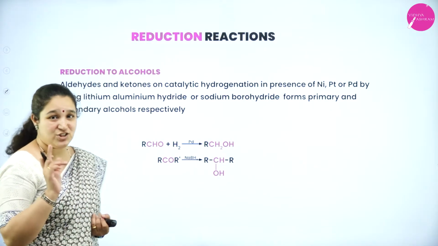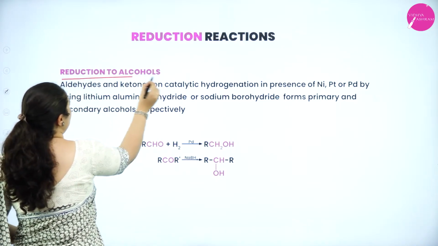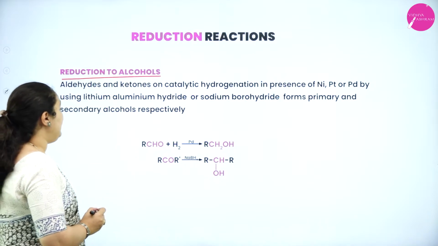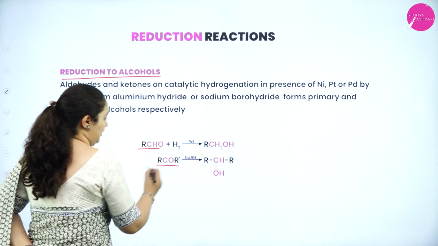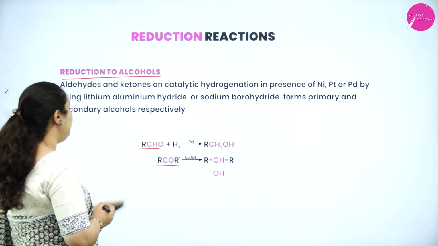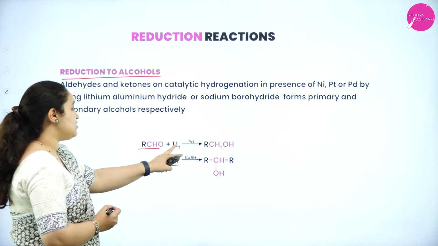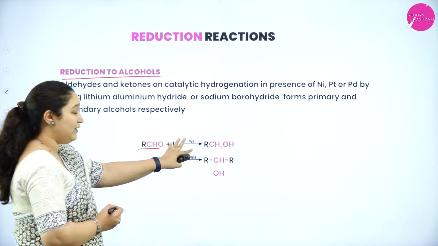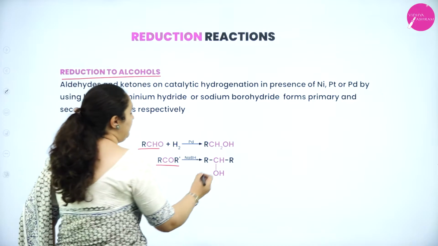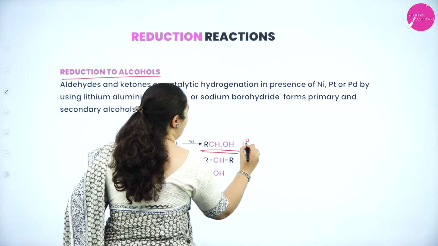Under reduction reactions, first we have reduction to alcohols. So what is happening? If we take an aldehyde or a ketone and treat it with reducing agents, for example, aldehyde in the presence of hydrogen in the presence of a catalyst, we call it catalytic hydrogenation. We get primary alcohol.